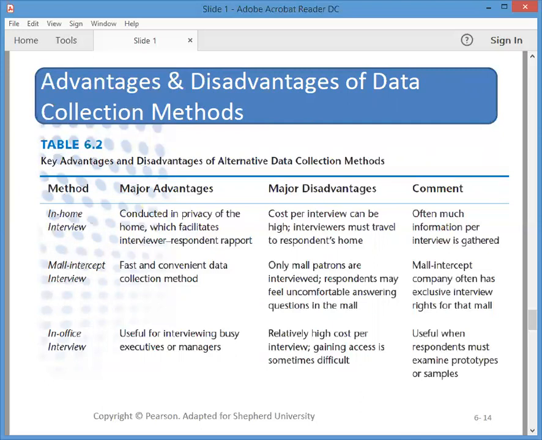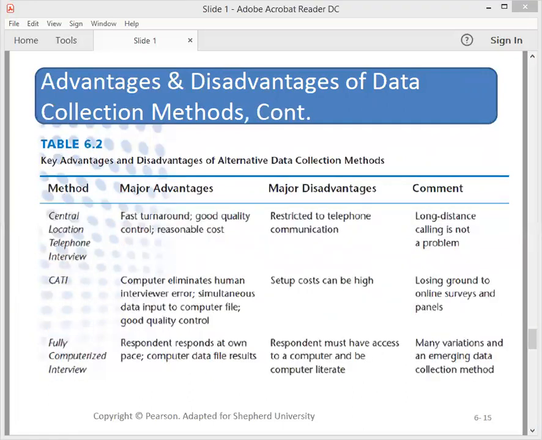In-office interview: that's useful for interviewing busy executives or managers. Relatively high cost is a disadvantage for it. Central location telephones: fast turnaround, good quality control, reasonable cost.